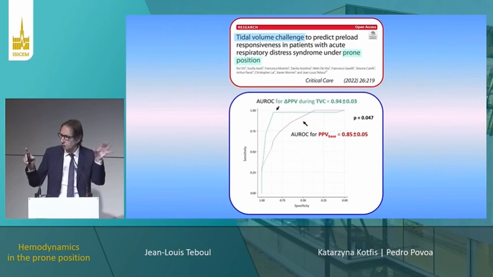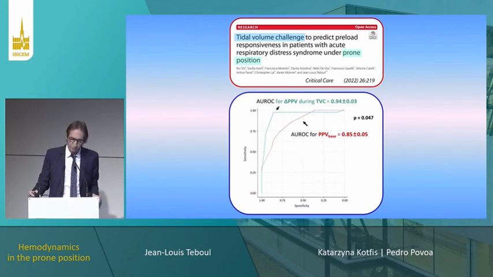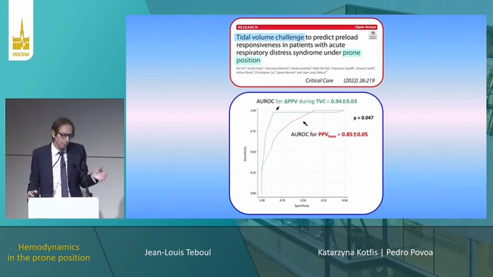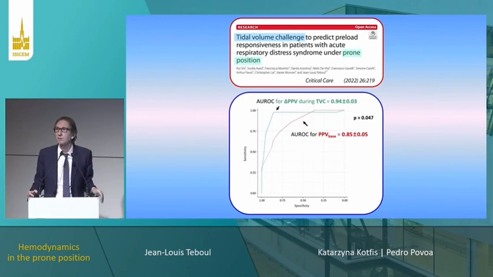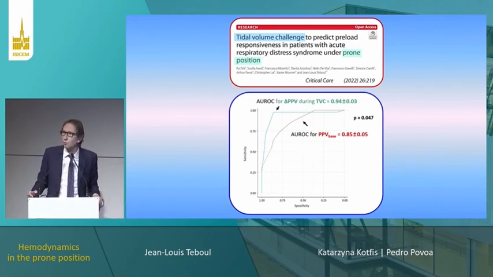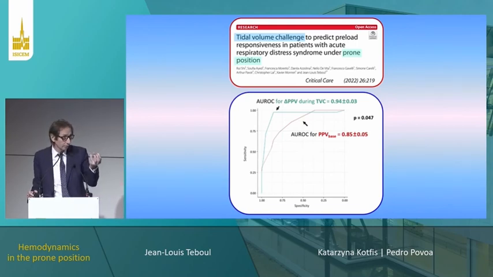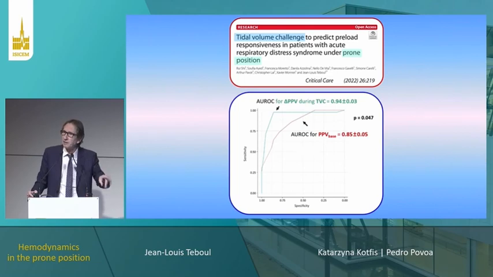And this paper addressed the question in patients during prone position. And we found that this tidal volume challenge works well also in these patients with an area under the ROC curve of 0.94, which is better than PPV alone. But note that PPV is not bad in this study.